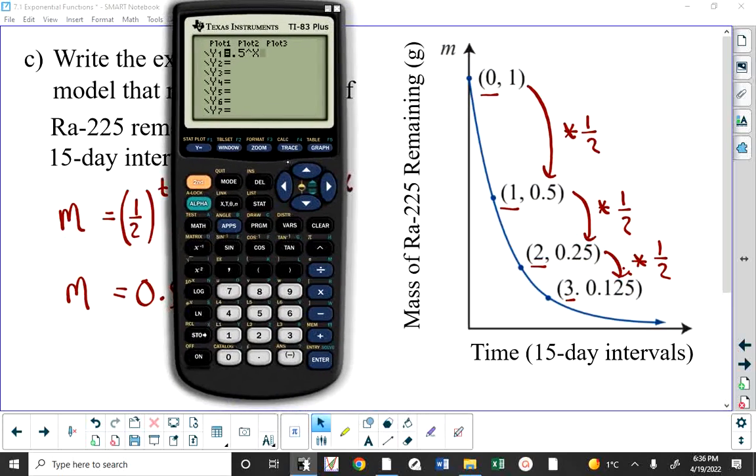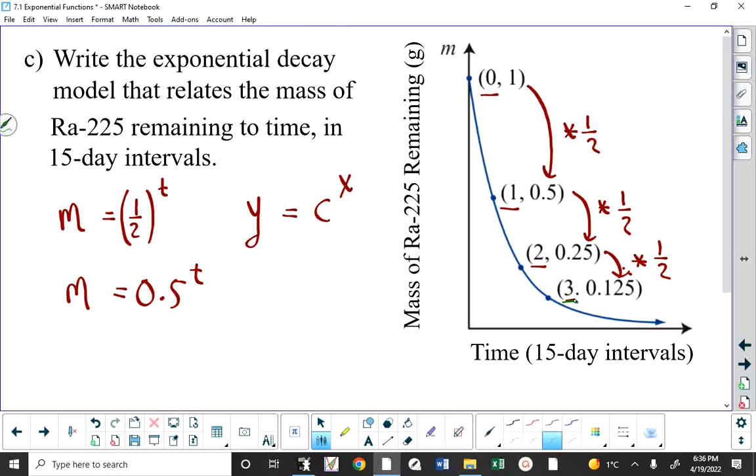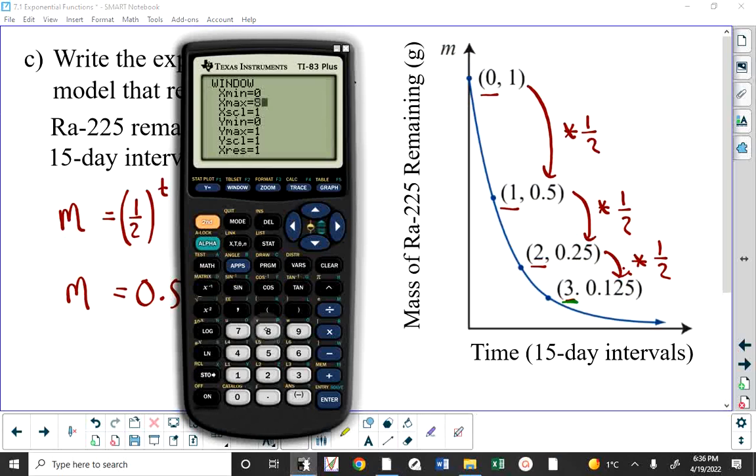I'm going to set up my window settings to kind of fit what I'm looking at on the screen here on the graph. I have to go from 0 to 1 for y. For x, I'm going to go from 0 to, well, I've already got up to 3 for x. Here's x equals 3. Let's go up to x equals 8. It's just a guess. I also need to graph y equals 1 divided by 30.